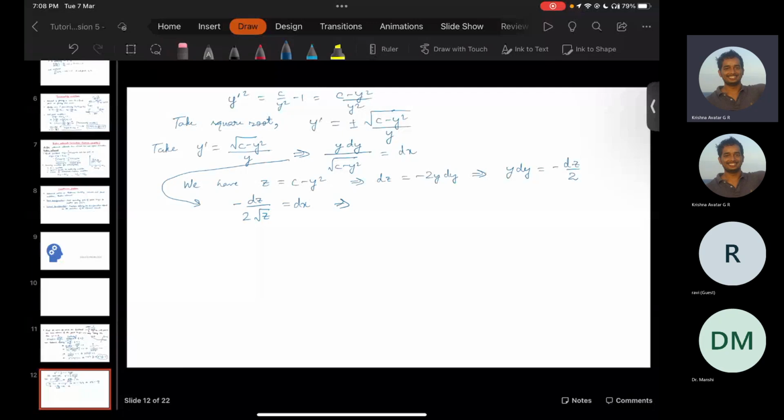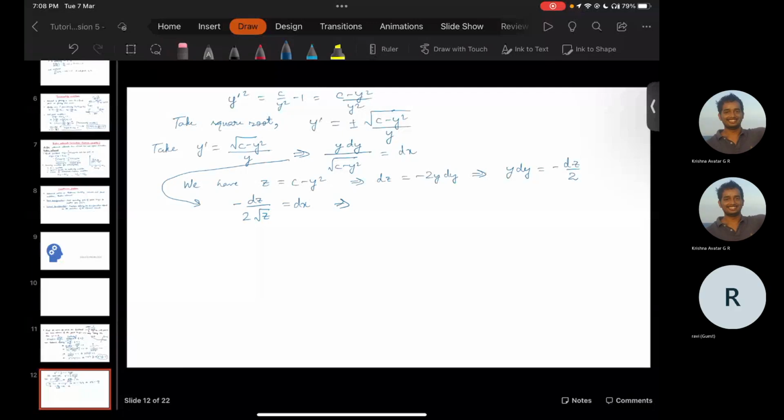And when we review our question again, it tells us that the condition at x is equal to 0 is given as 0. So we can use that condition to determine one constant, and the other constant has to be determined using our transversality condition.